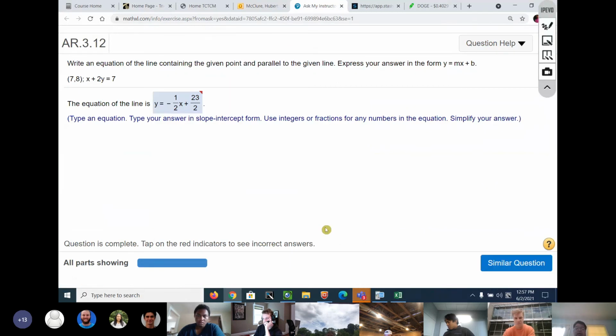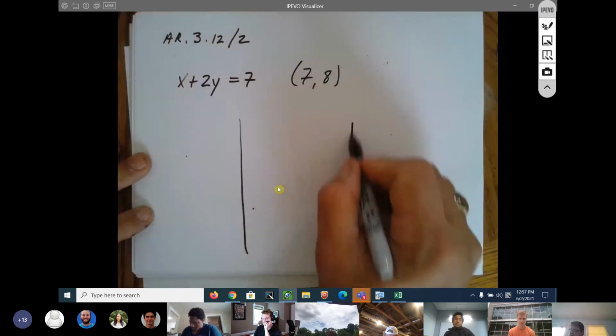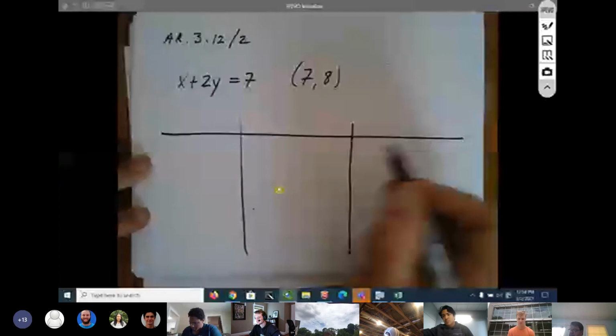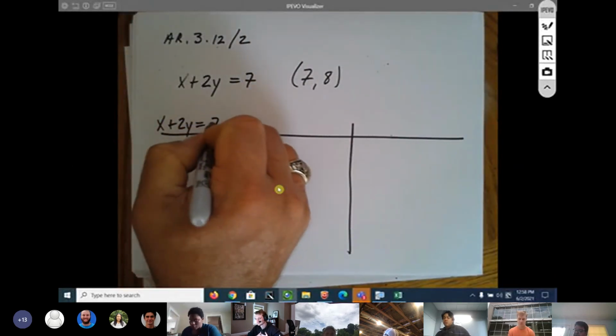All right. You got x plus 2y equals 7 and the point 7, 8. And this is where I would do two columns or 3 columns. x plus 2y is equal to 7.